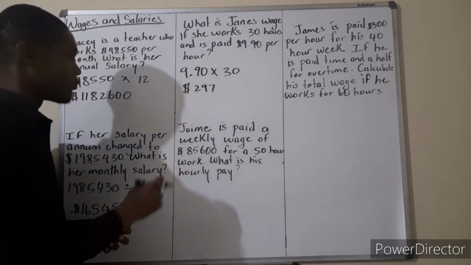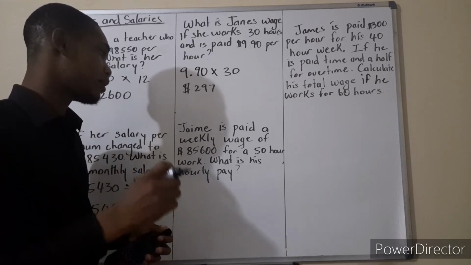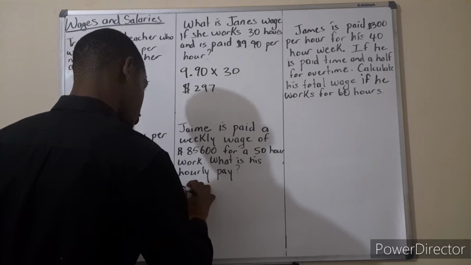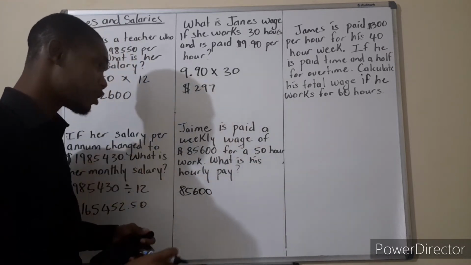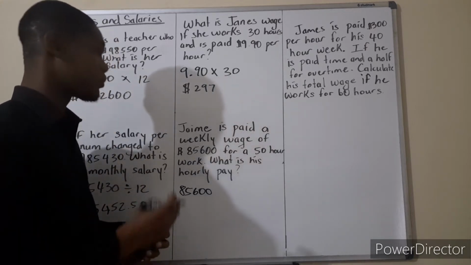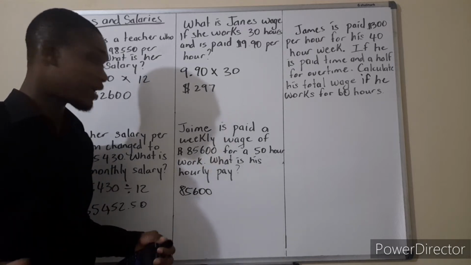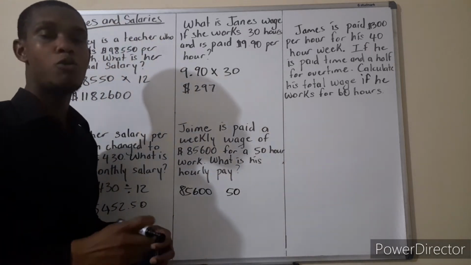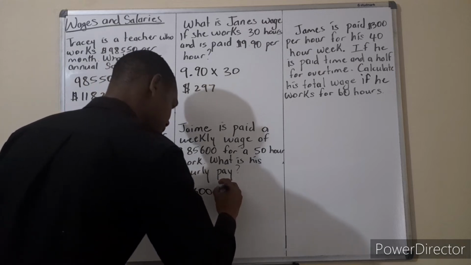So that would be $297. This part now, Jamie is paid a weekly wage of $85,600 for a 50-hour work. What is his hourly pay? Now the fact that he earns $85,600 for 50 hours, and you would want to know how much money he would be getting every hour that he works, you will divide in this case.